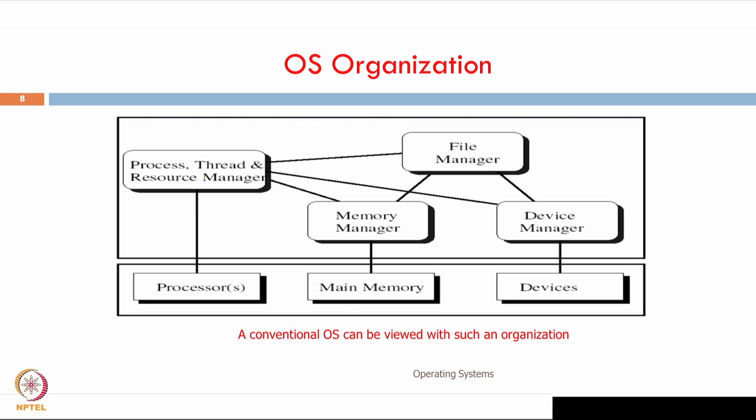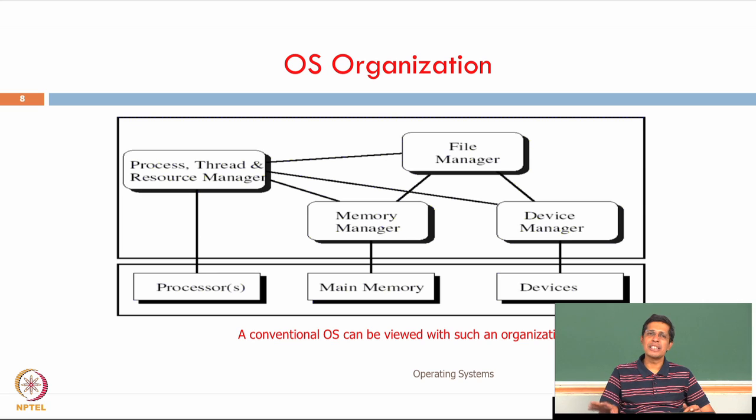For example, in a traditional operating system, even a modern operating system, there is a module called the process, thread and resource manager, and that is responsible for handling the compute part, namely the processors, what you call CPU scheduling, etc. Then there is a memory manager which handles the main memory, the RAM, and there are device managers which have device drivers etc., which manage the devices, and all of them use files.